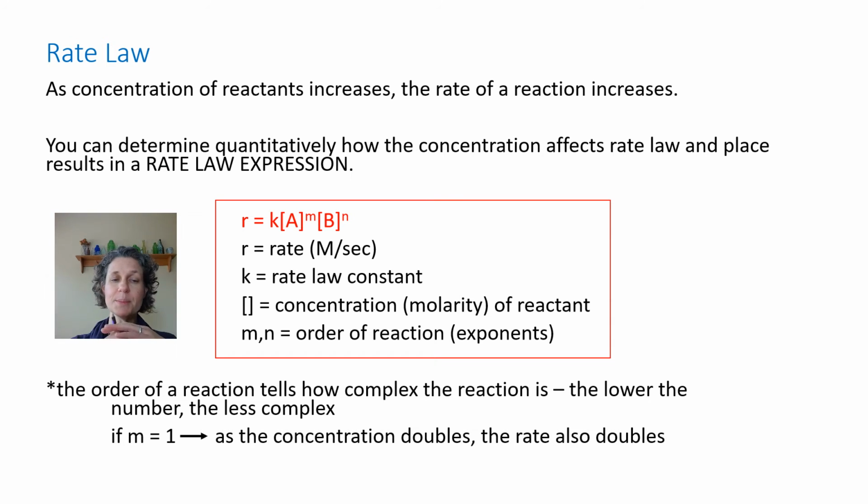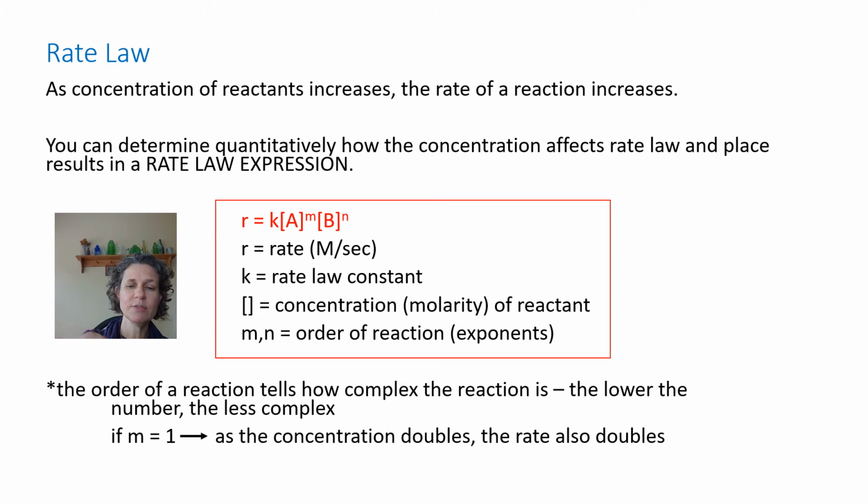Okay, so here comes the math. With rate of reaction, we do have problems that they call rate law problems. These problems help you determine what happens to the rate as the concentration of the reactant changes. Numbers-wise, you can express this using the rate law expression.